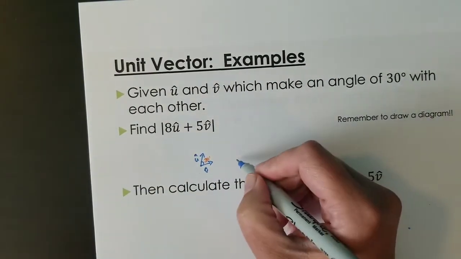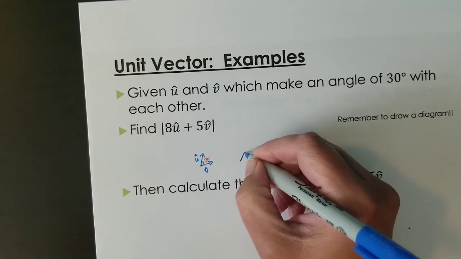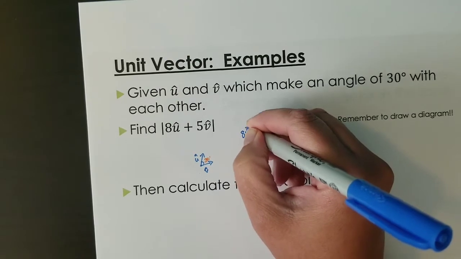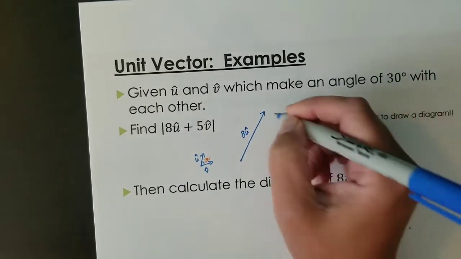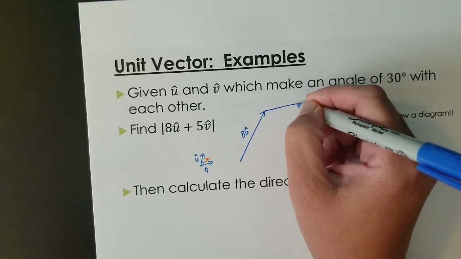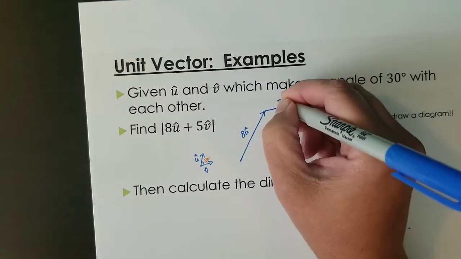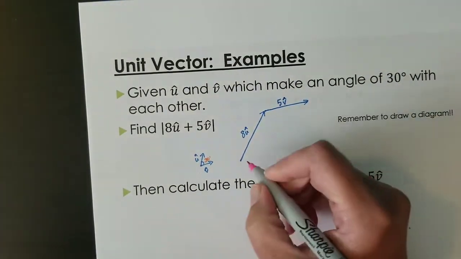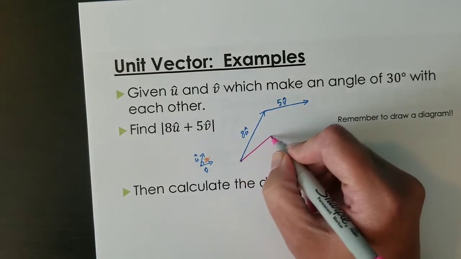So I'm going to draw 8u hat, and this is not going to be to scale because I'll run out of space, and then plus 5v hat, and then my resultant vector will go from there.